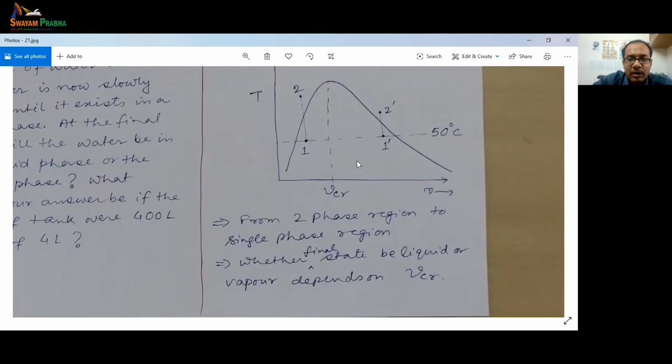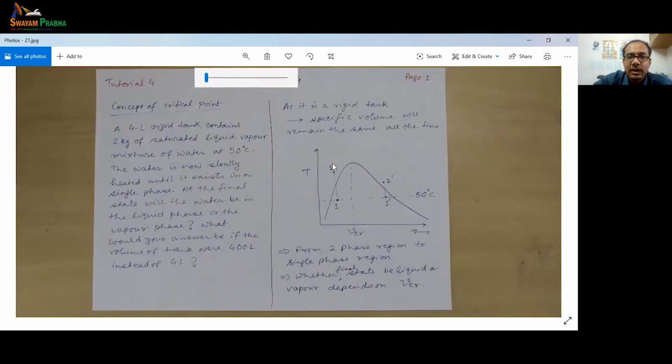So from the two phase region to the single phase region, whether the final state will be liquid or vapor depends on the critical volume, which is the VCR. So first we have to find out what the VCR is.